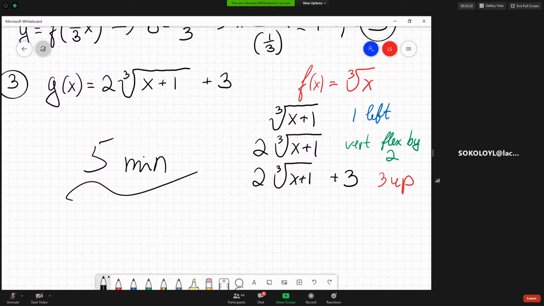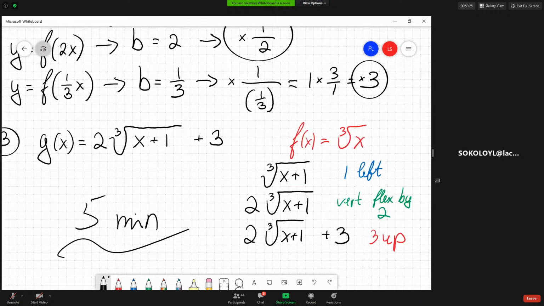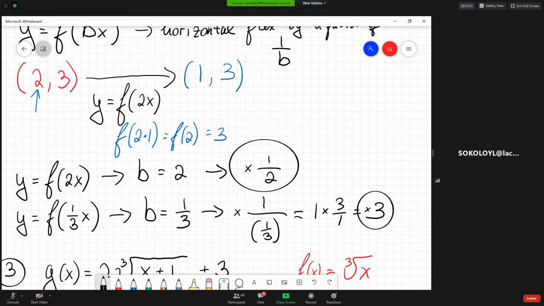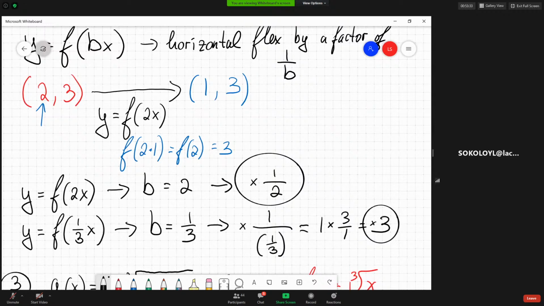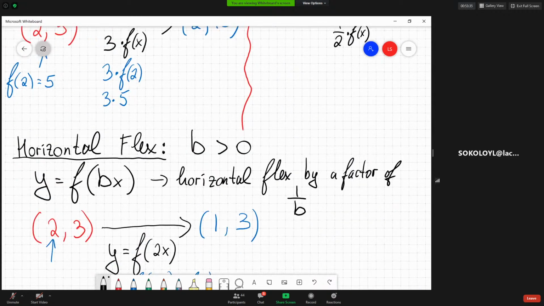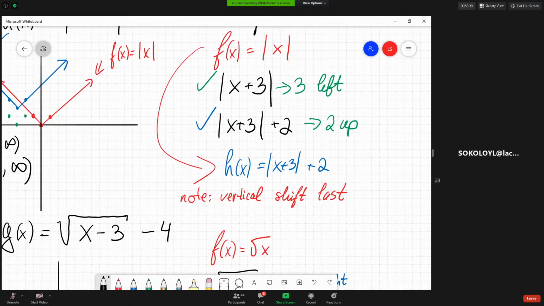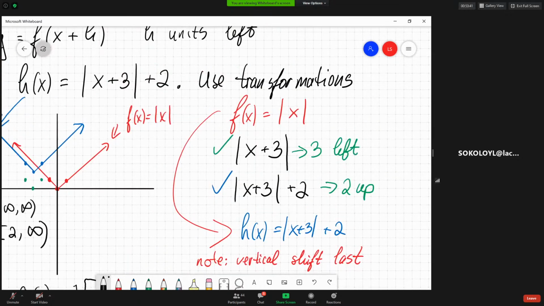All right, so before we go over this example, I think that if I write these transformations in terms of what happens to an ordered pair, it might make a little more sense perhaps, or at least might help you a little bit. So let's go back to the first transformation here, vertical shift.